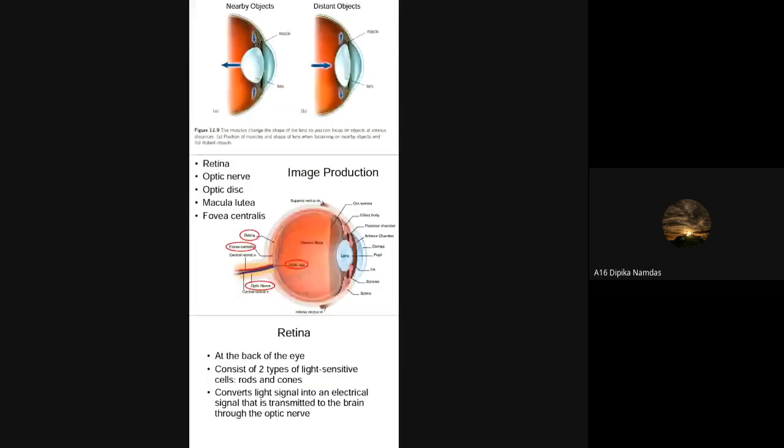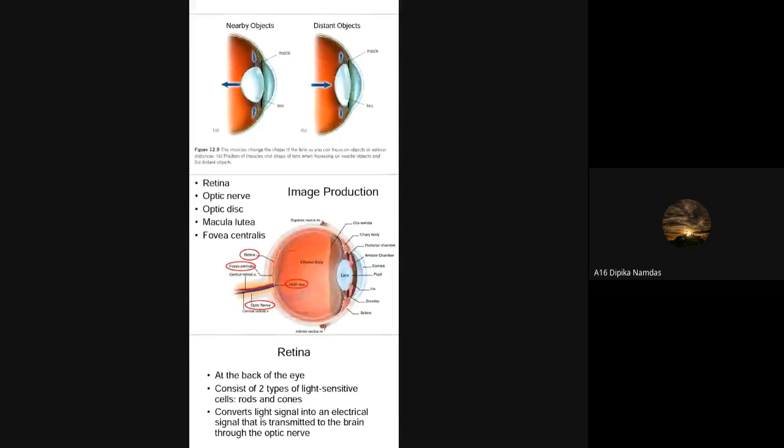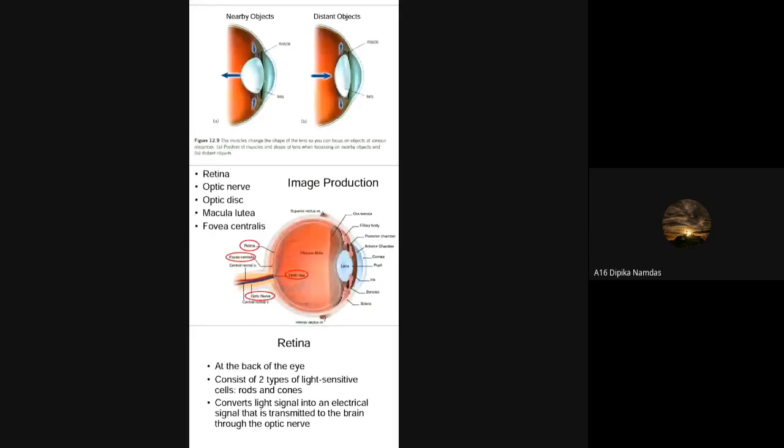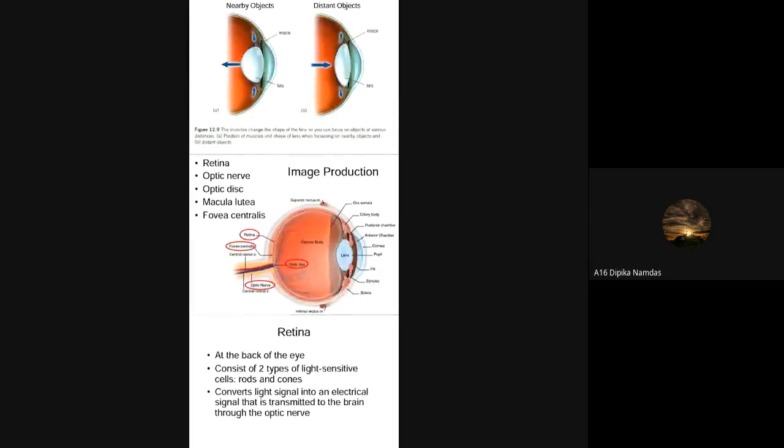Okay. So in order to produce the image, our retina, optic nerve, and optic disc are the three important parts to visualize any image. If there is a problem in the retina, or in the optic nerve or optic disc, we cannot observe the image properly.